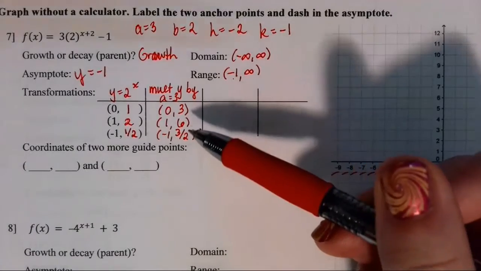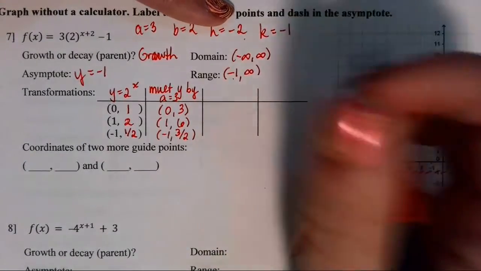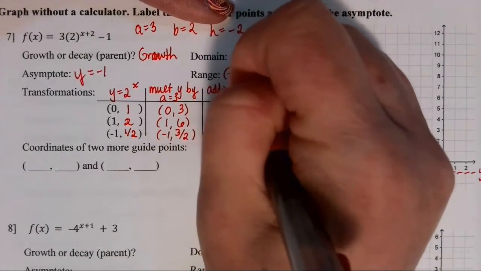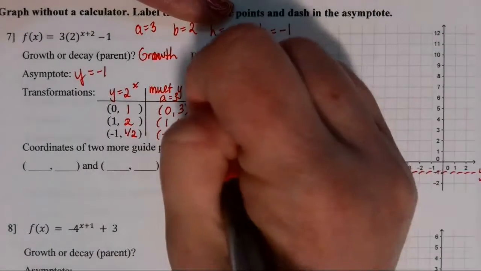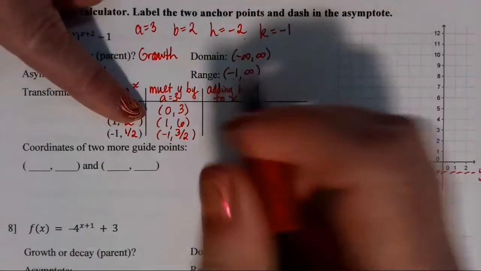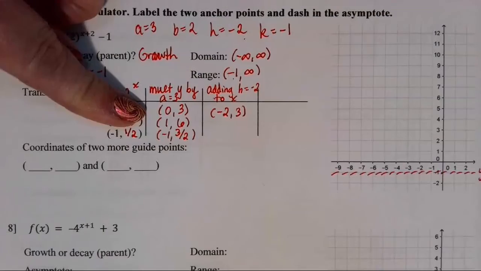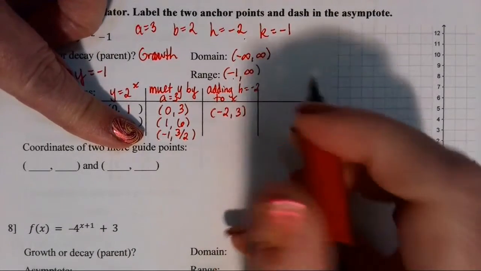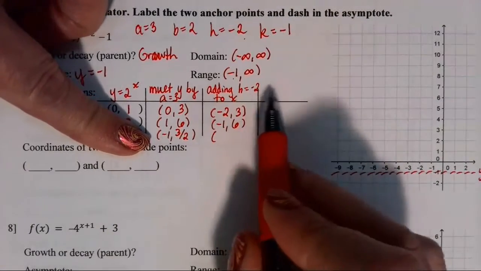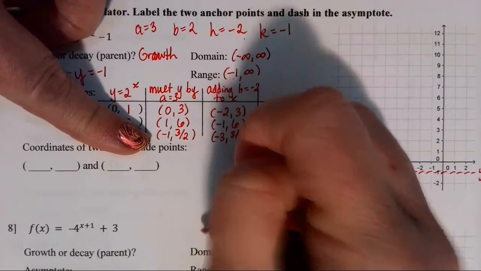Okay, then we're going to apply our horizontal translation with the h, and we do that by adding h, which is -2, to the x of our coordinate. So 0 plus -2 is -2. Then 1 plus -2 is -1. And -1 plus -2 is -3.